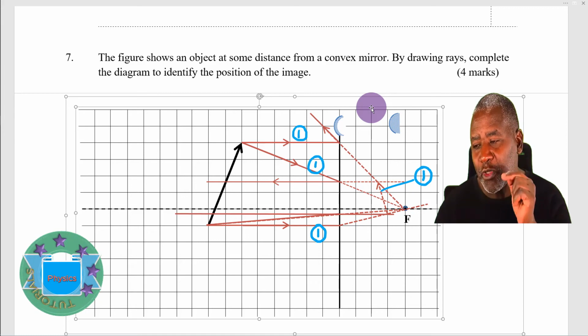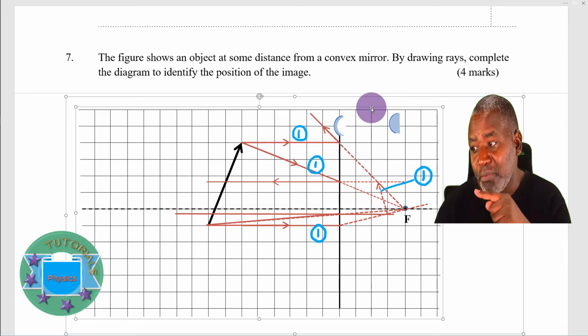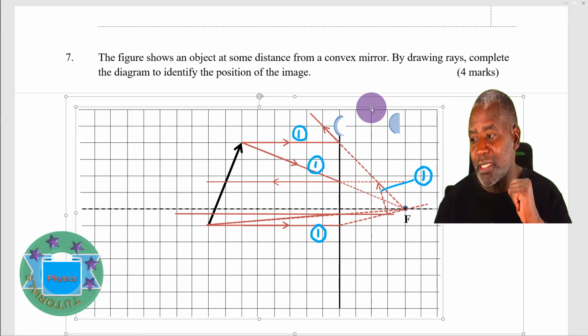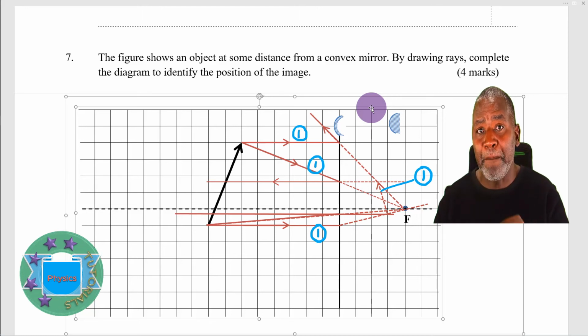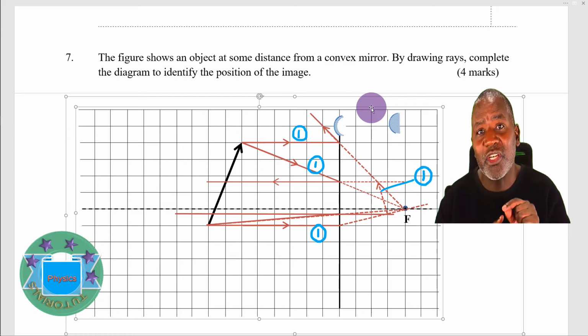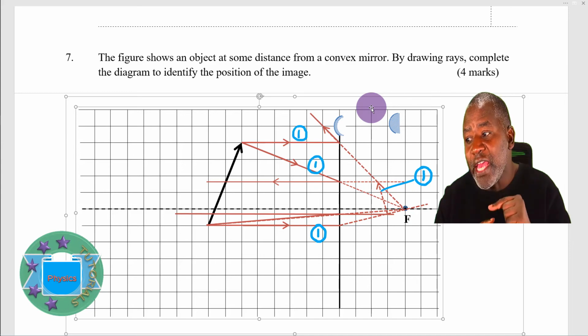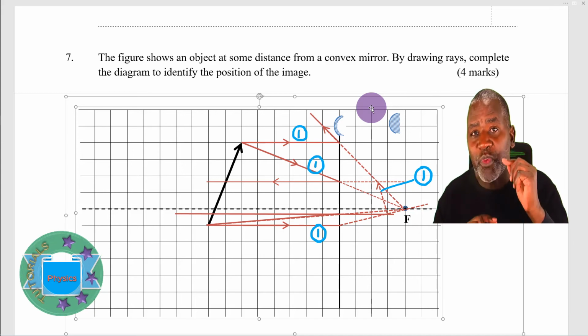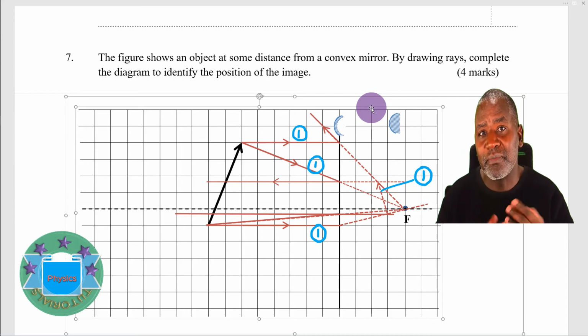So, I've told you the most common question is a question where the object is sitting on the principal axis. But we should bear in mind that this is at the discretion of the examiner. The examiner can make the object sit on the principal axis or fail to sit on the principal axis. It may be floating upwards or below the principal axis.